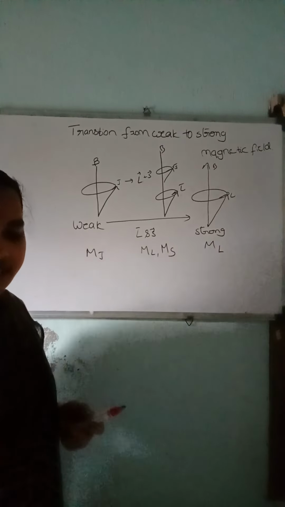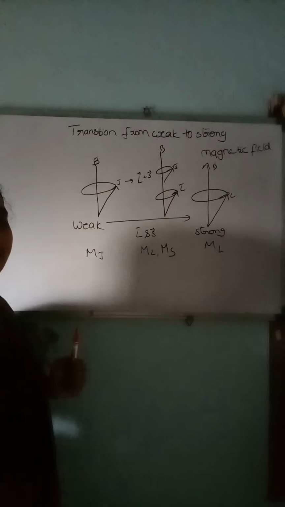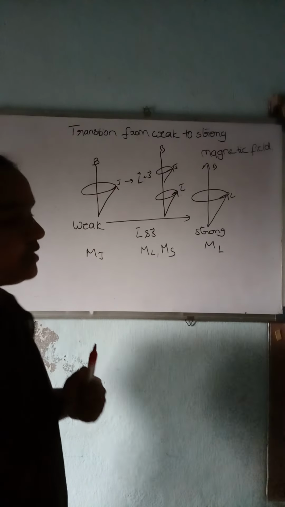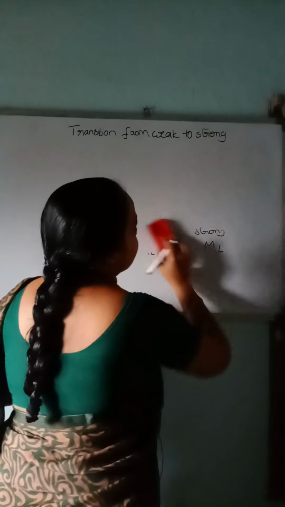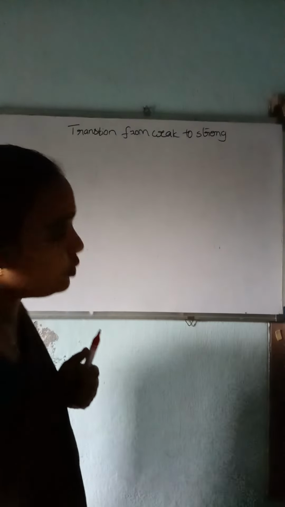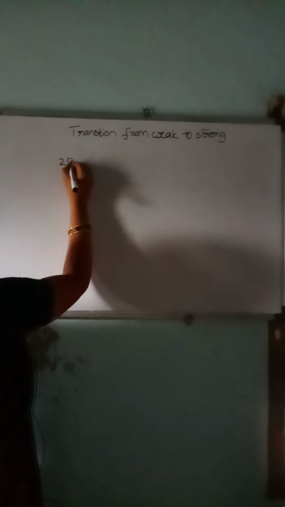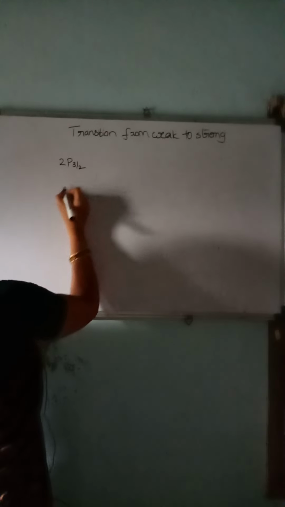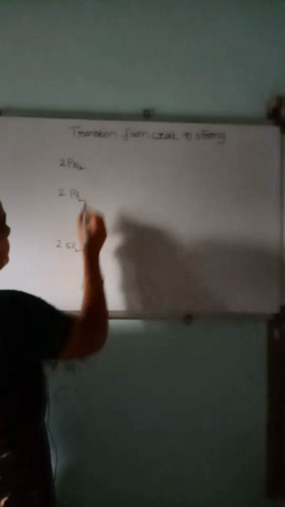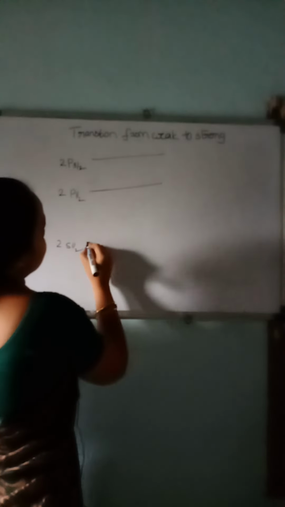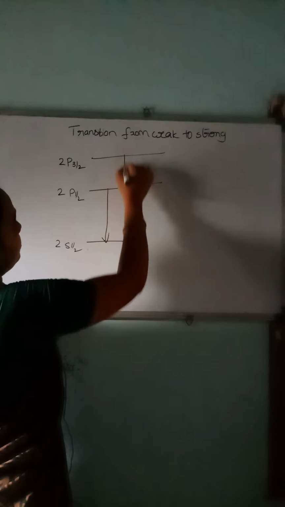Right. Let us consider the example of D1, D2 lines of sodium. So what are D1, D2 lines? 2p3/2 to 2s1/2 and 2p1/2 to 2s1/2 transition. So there are only two transitions.